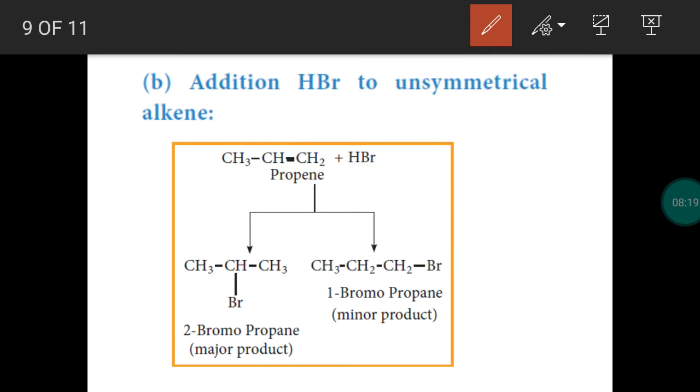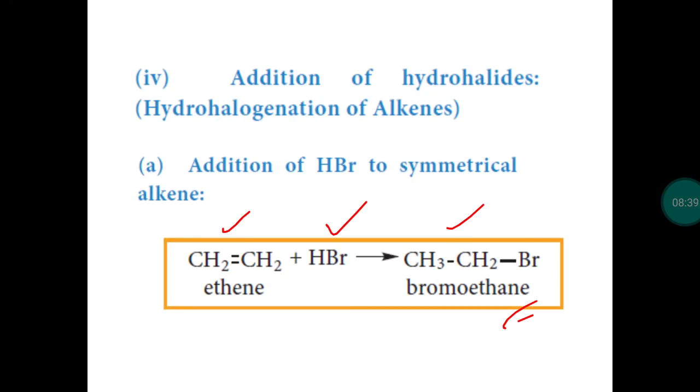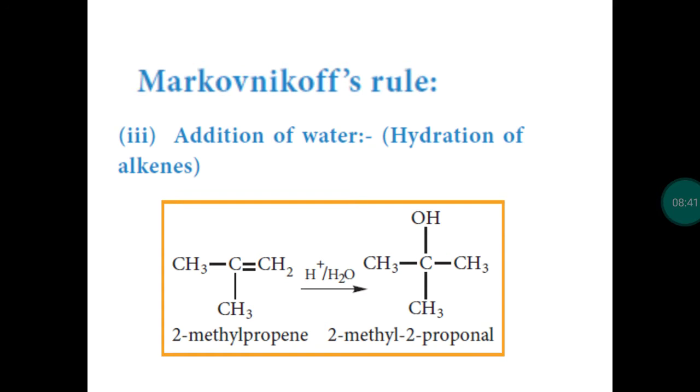So the arrangement is not a symmetrical arrangement. So this is an example of an unsymmetrical alkene. It is called propene. With unsymmetrical alkene, when we add a hydrogen halide, the major product formation is based on a rule. It is called Markovnikov rule. So the reaction will follow Markovnikov rule.